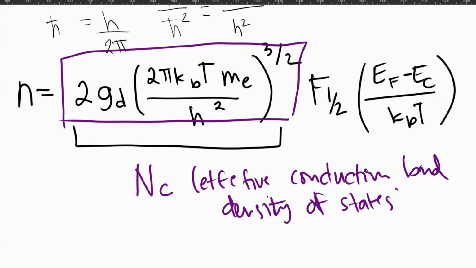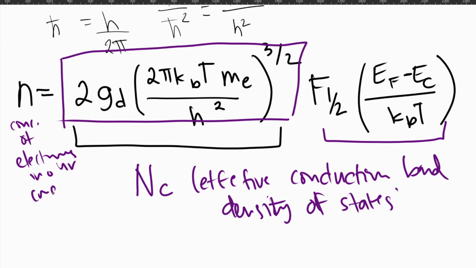This term is called the conduction band density of states. And the effective conduction band density of states is just the thing, or the term, that we multiply to our Fermi-Dirac integral to get the number of electrons, or the concentration of electrons in our conduction band.